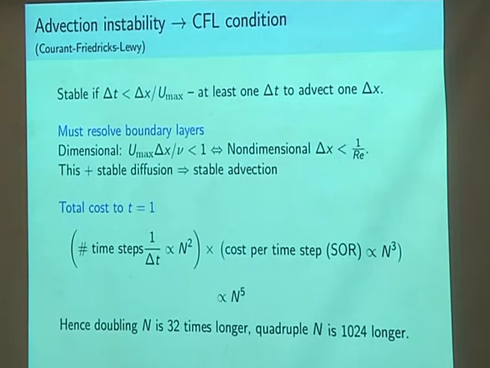So if you want to just casually double your spatial accuracy, you've got many more points in solving the Poisson problem, and you've got to take many more time steps because of the small spatial resolution. So the cost actually goes up by a factor of 32. Now we can go from 1 second to 30 seconds.